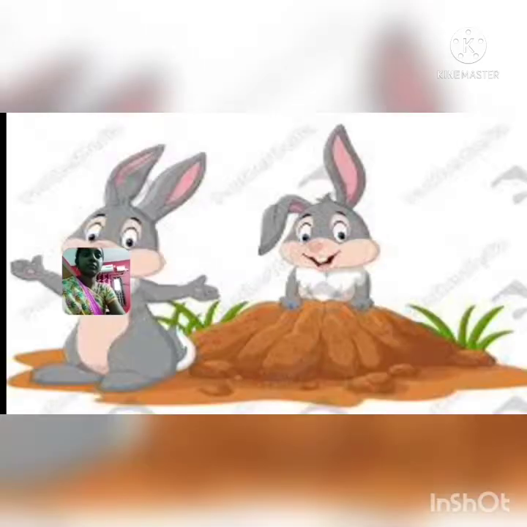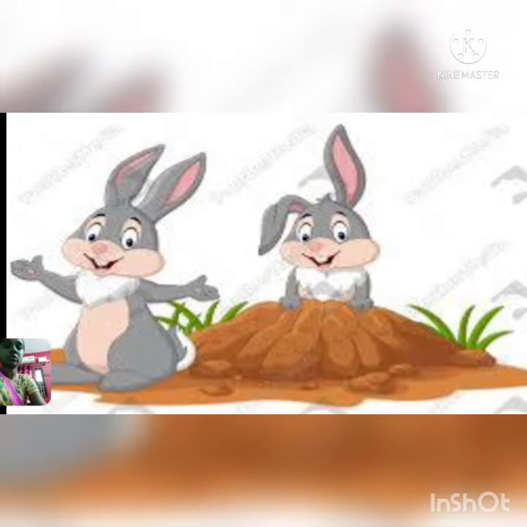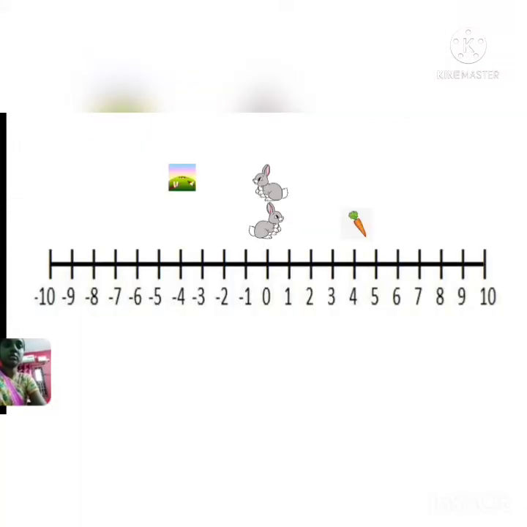Let us now see another similar example. There are two rabbits. Both these rabbits are at the same place. 4 units to the right of these rabbits is a carrot, and 4 units to the left of these rabbits is the rabbit's hole. One of these rabbits goes to take the carrot and the other goes into the hole.